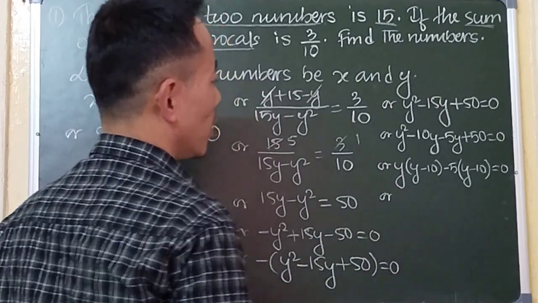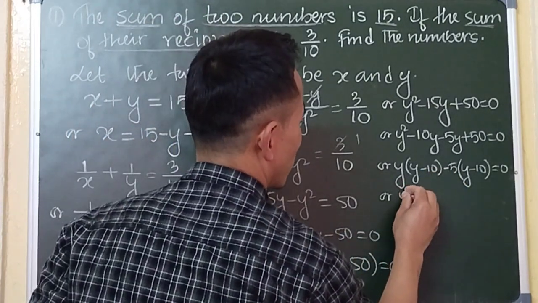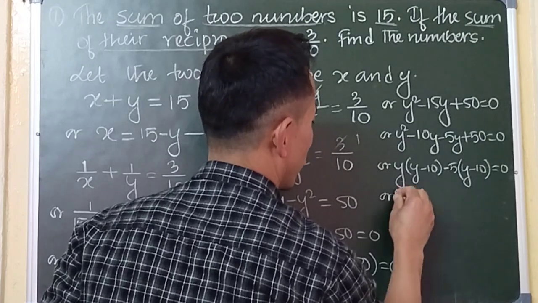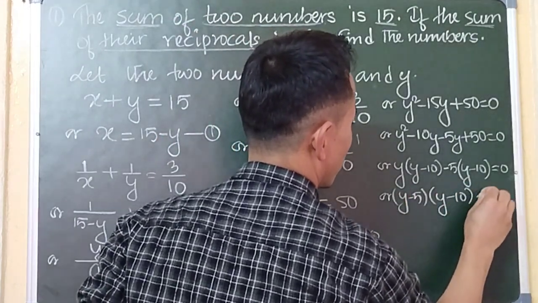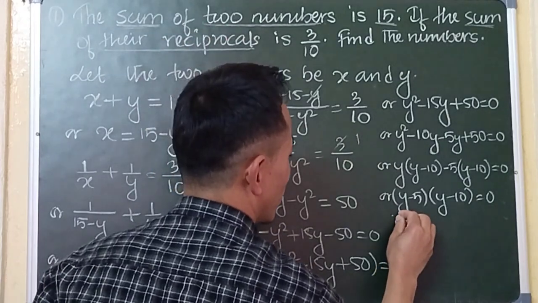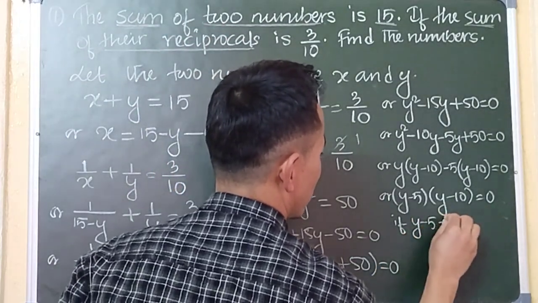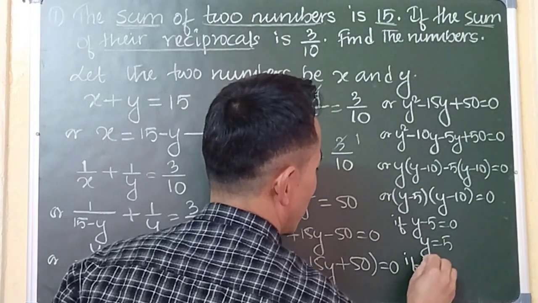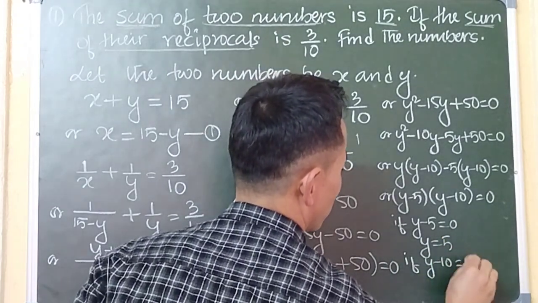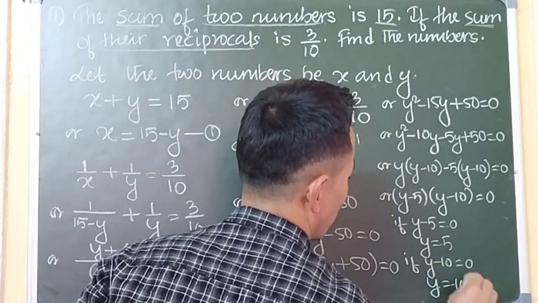So I hope you have understood this one. If not, then you can watch previous video for understanding how to do the middle term breaking. So this gives us y minus 5 into y minus 10 is equals to 0. Now if you take y minus 5 is equals to 0, then y will be equal to 5, and if you take y minus 10 is equals to 0, then y will be equals to 10.